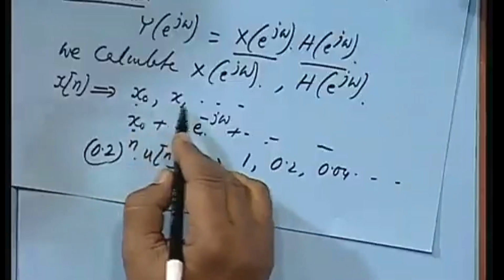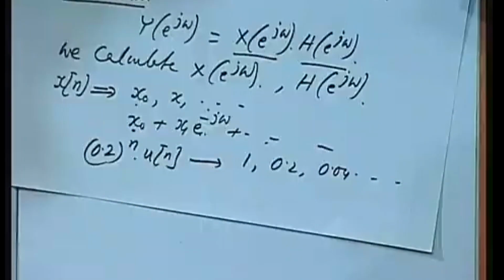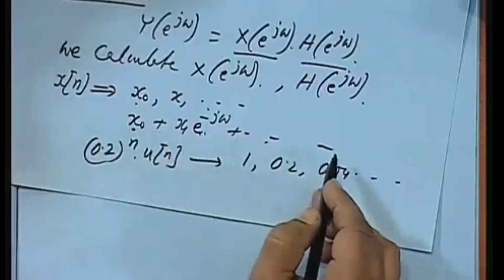Now, what is the frequency transform of this sequence x0, x1, x2? It is x0 plus x1 and so on, and this we saw earlier, this is a periodic function of period 2 pi, is it not? We discussed earlier, this has a periodicity of 2 pi.